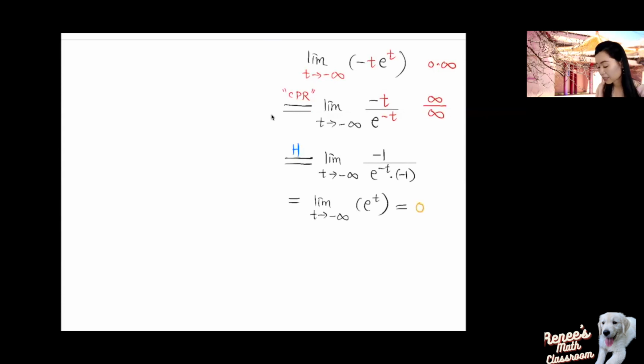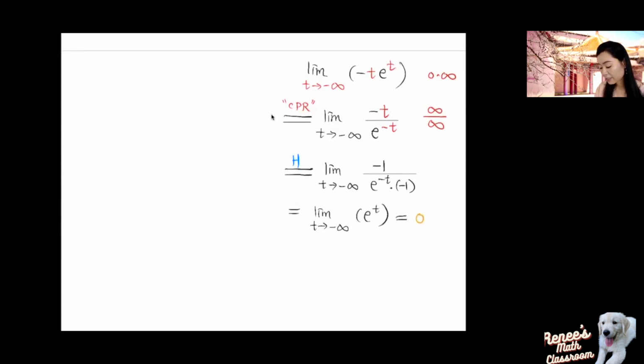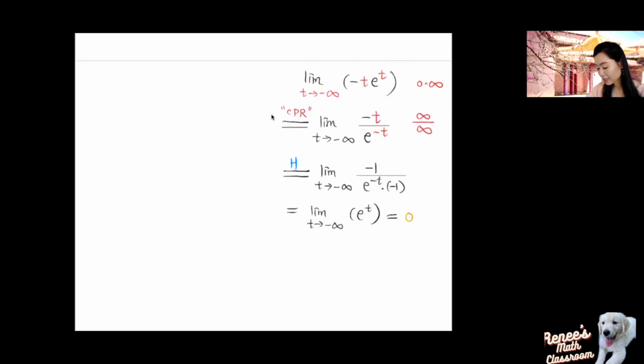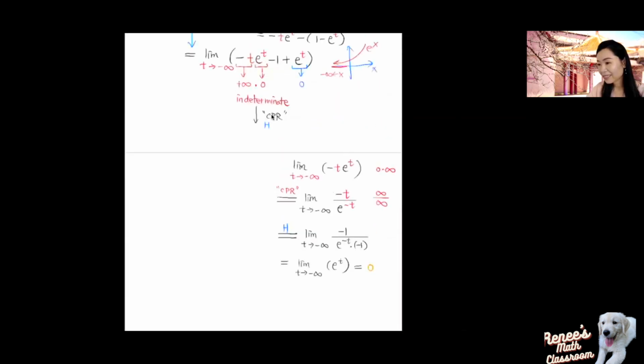So go back to the one that we have done. We did this CPR and then used L'Hopital's rule, and found that the limit of this part is equal to 0.